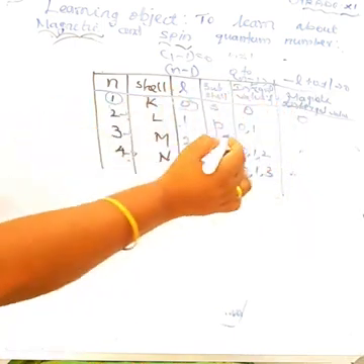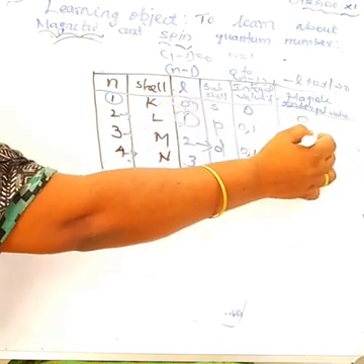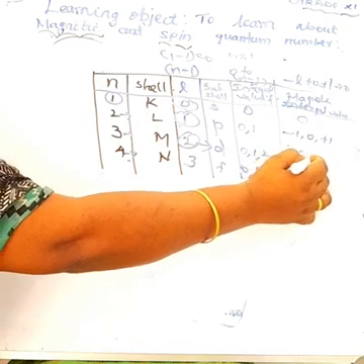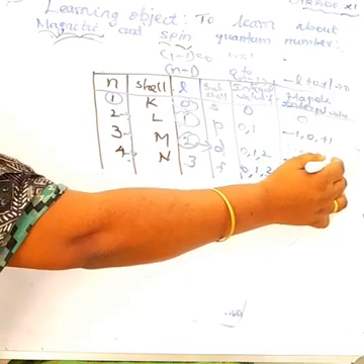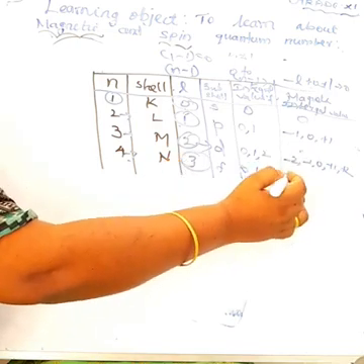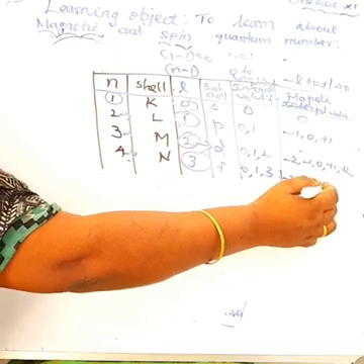When l is equal to 1, it is minus 1, 0, plus 1. When l is equal to 2, it is minus 2, minus 1, 0, plus 1, plus 2. When l is equal to 3, it is minus 3, minus 2, minus 1, 0, plus 1, plus 2, plus 3.